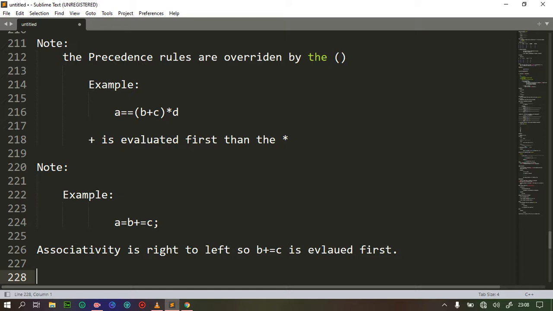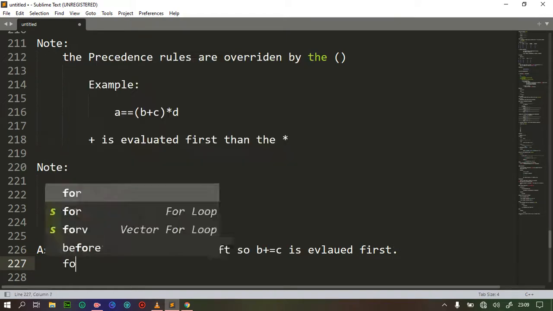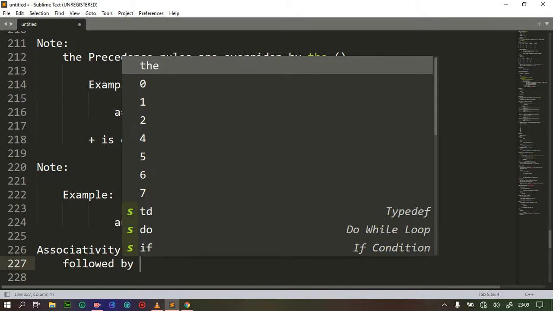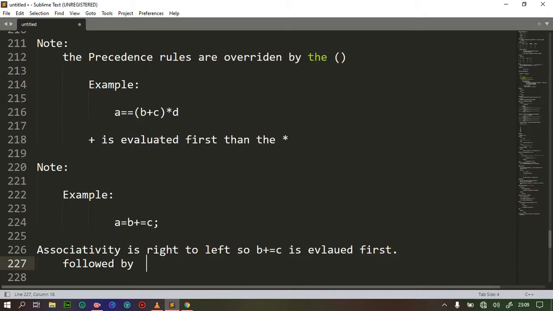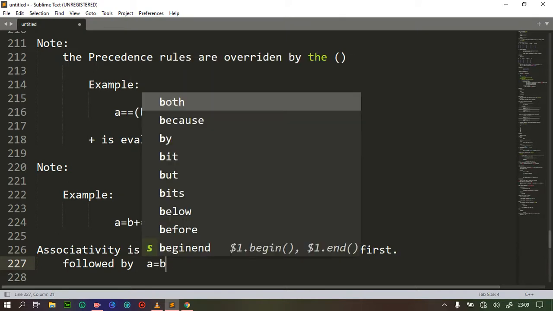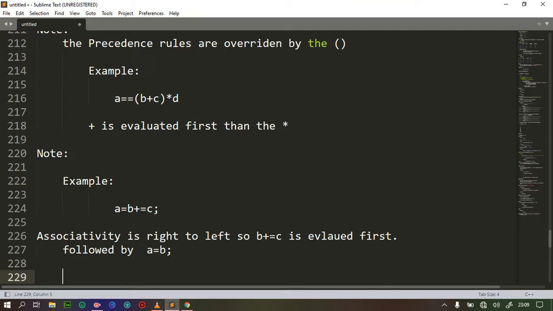So it means we shall handle the expression, then we throw the result into the L value. Now the L value this time around is going to be A. So if it's from right to left, this is going to be evaluated first, followed by A assigned B. I think it really makes quite some sense.